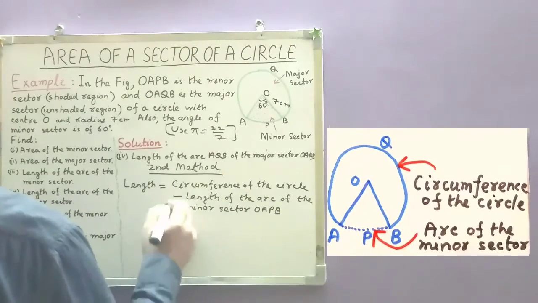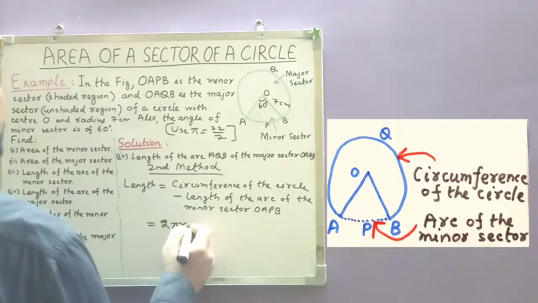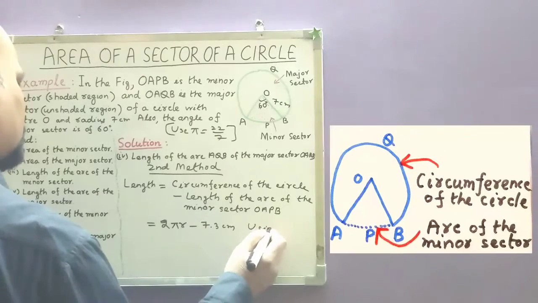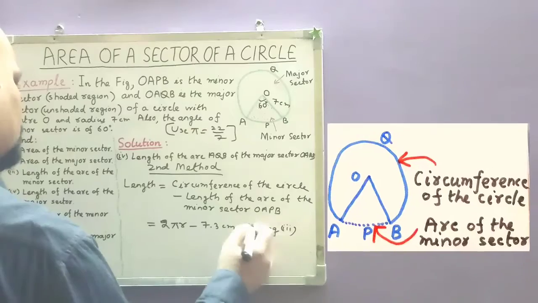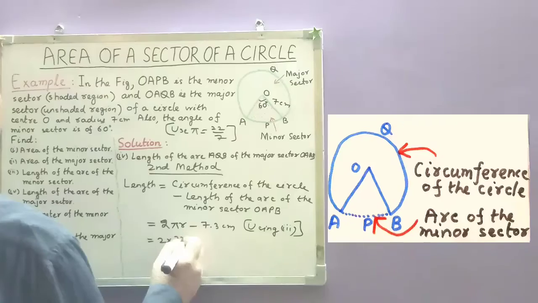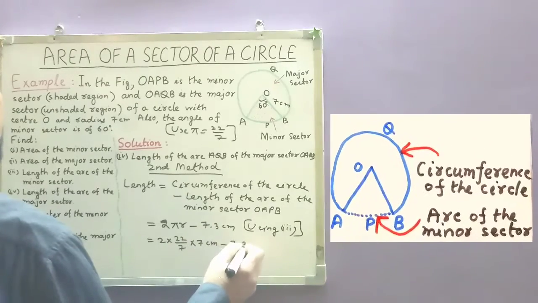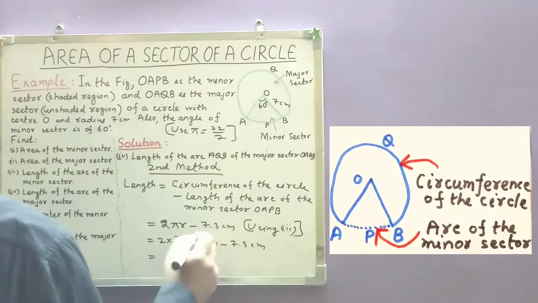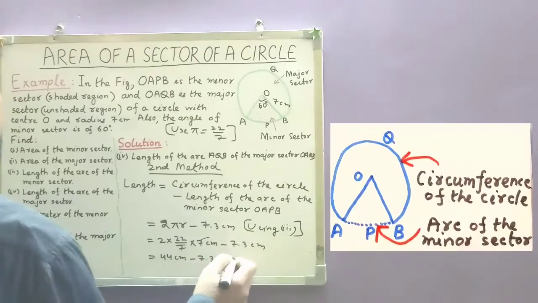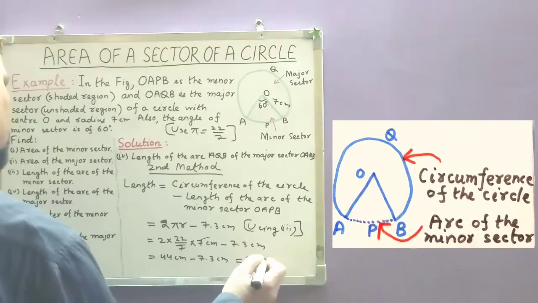That equals 2 pi r minus 7.3 centimeter, that we have found from third part of the question, that equals 2 into 22 by 7 into 7 centimeter minus 7.3 centimeter, that equals 44 centimeter minus 7.3 centimeter, that equals 36.7 centimeter.